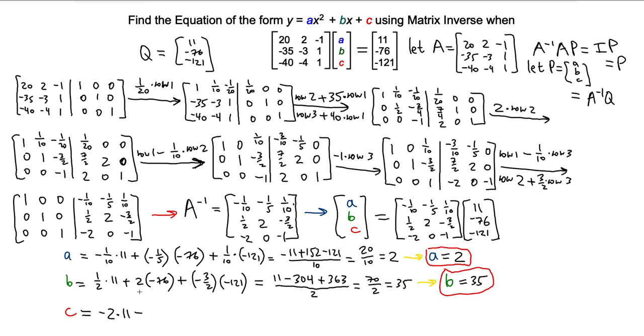And well, actually the plus makes sense because the last product, negative 1 and the negative 121 gives you a positive, right? So plus 121. So that should be easy. 121 minus 22, which is 99. Beautiful. So we have found all three constants successfully. So C is equal to 99.